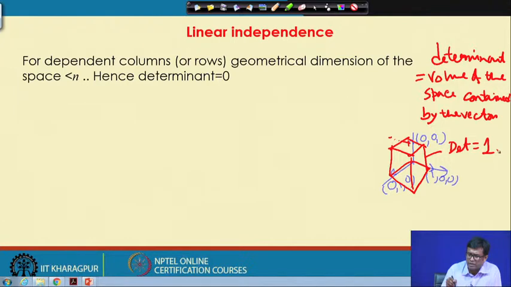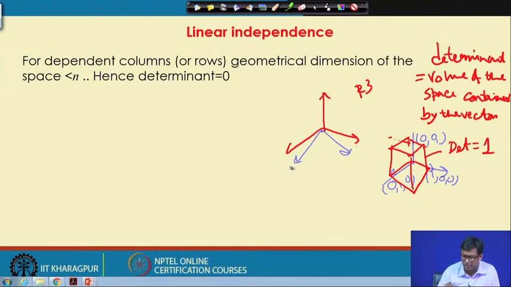If one vector is linearly dependent on the other two, then in this 3 dimensional geometry R3, this is one vector, this is the other vector, say this is vector A, this is vector B, and this is vector C. The space contained by them is a plane and it has volume 0.